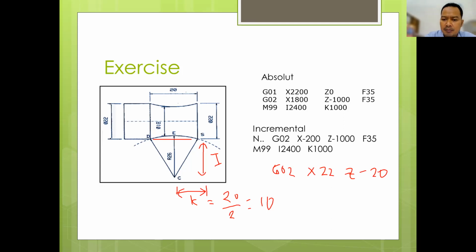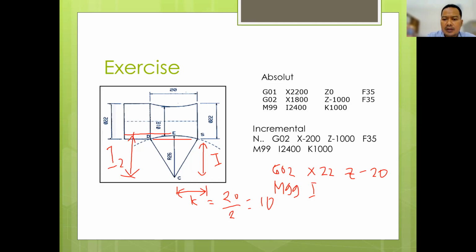And then for the M99, the I, this is I1, and for the I2 from here, this is I2 for the second.